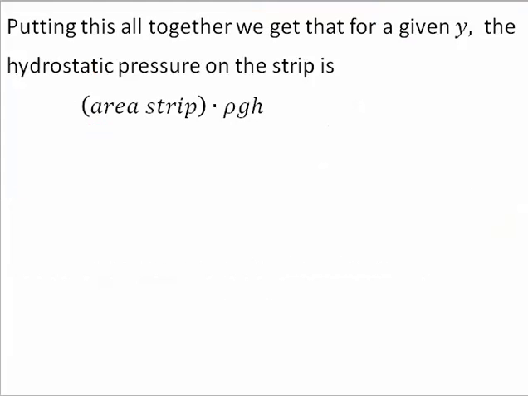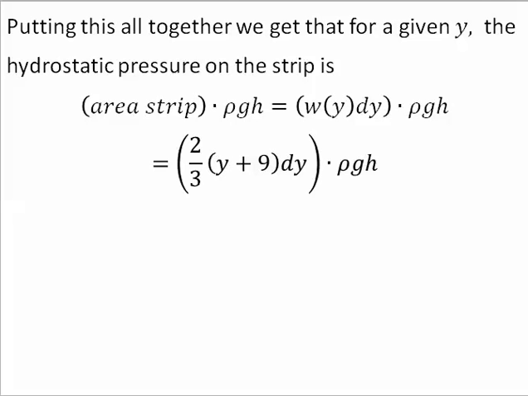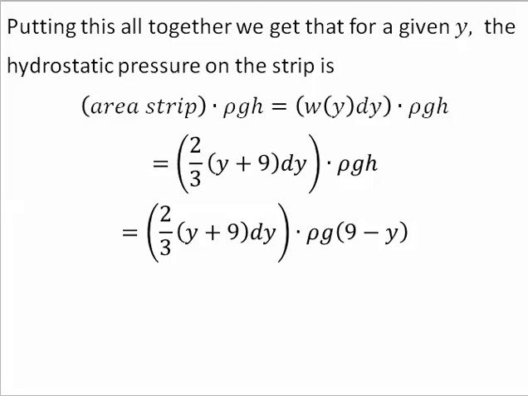Putting all this together, we get for a given y, the hydrostatic pressure on the strip is the area times the density times acceleration due to gravity times the depth. Now, we found w of y, and that w of y was 2/3 y plus 6. We also found h, the depth.